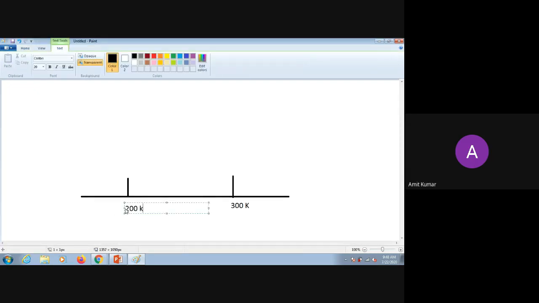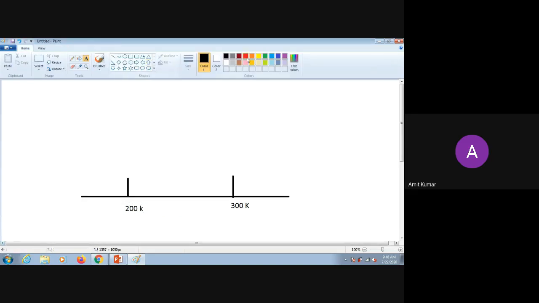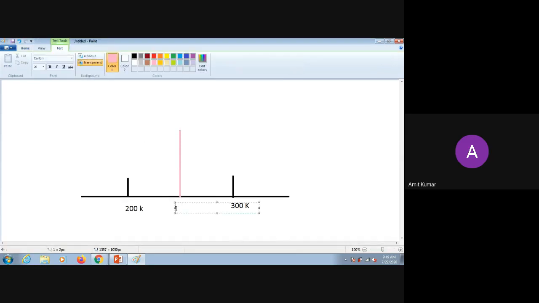Now, if you find the center of these two frequencies, it will be located at the center of these two, here. The frequency will be 200k plus 300k divided by 2.